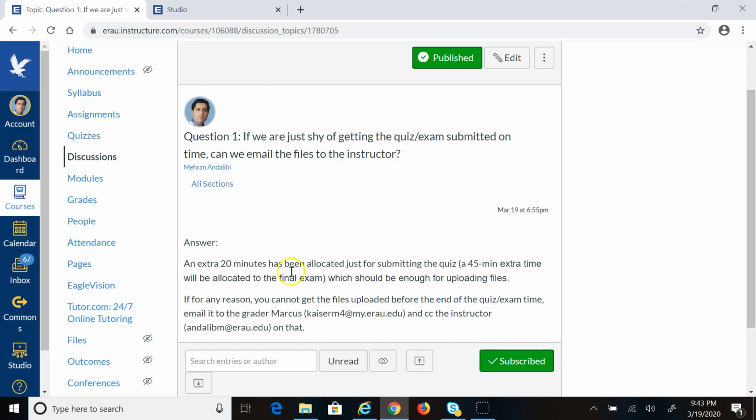And for the exam, I'm going to give you another extra 45 minutes. The exam is 2 hours, but I'm giving you an extra 45 minutes just to upload your files. So I don't think you should have any problem regarding time, but if for any reason that happens before the quiz or exam time ends, you cannot email me or the graders an hour after it ends. No, before.